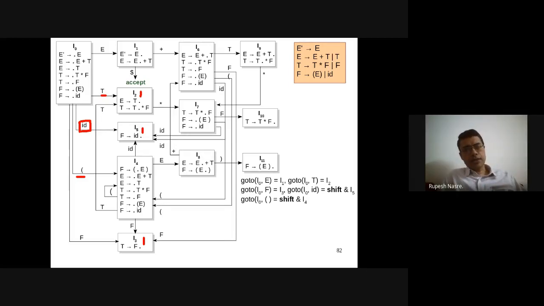And I1 on plus is going to be shift and I6. Okay, so similarly on I2, what will be there on I2?